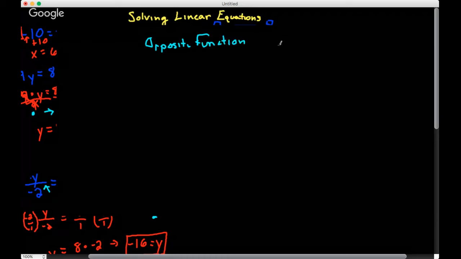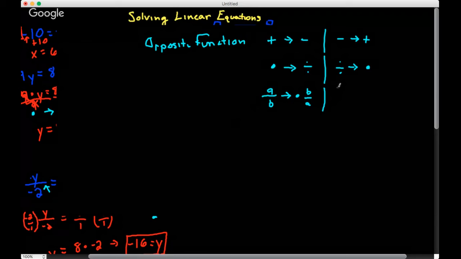Think about your opposite function. So when you have addition, it's going to be subtraction. If you have subtraction, it's going to be addition, okay? If you have multiplication, it's going to be division. And if you have division, it's going to be multiplication. If you have an a over b, it's going to be multiplying it by b over a.